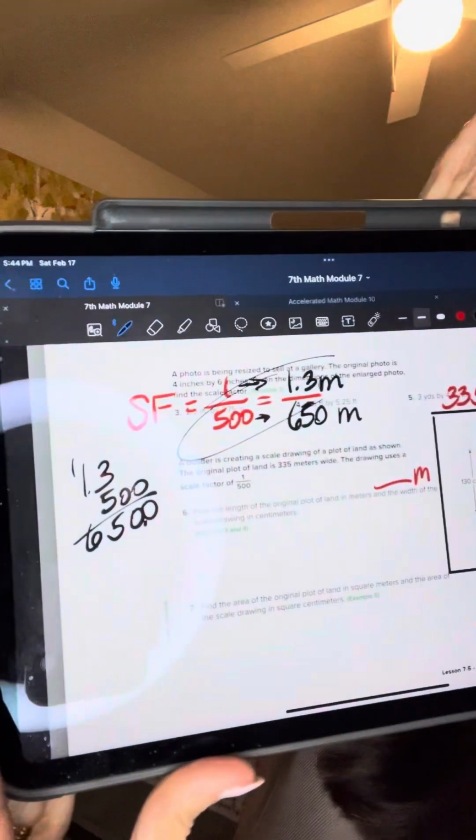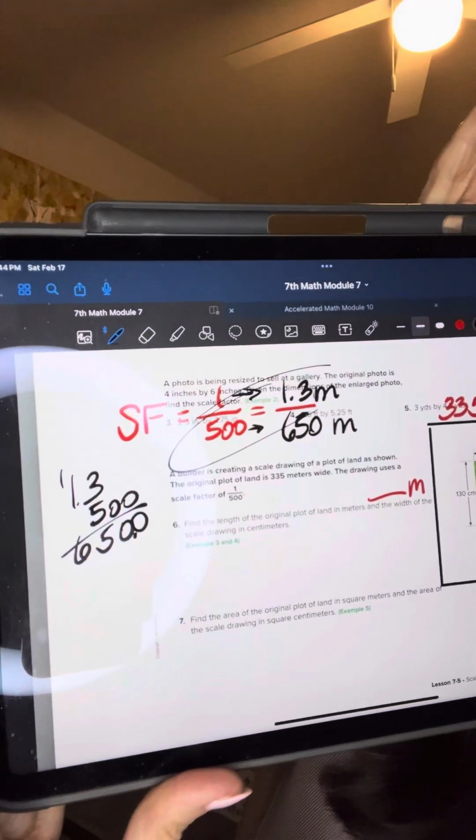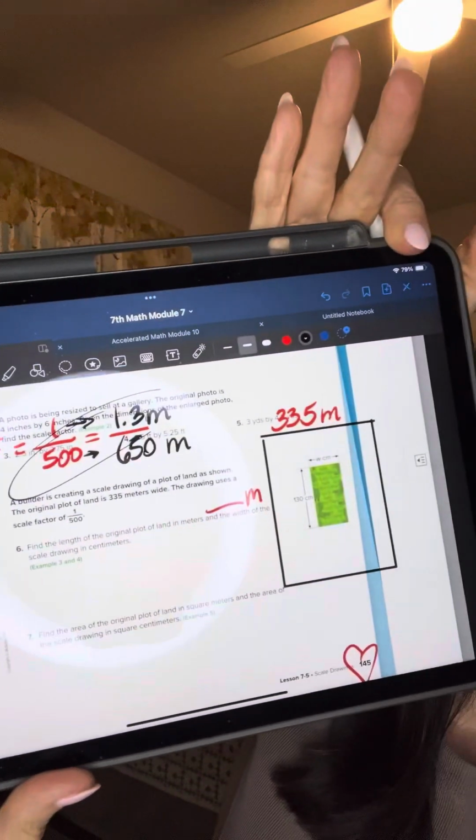So I now know that 650 meters would be the amount I now need to write for the length of my original plot of land. And y'all, I just fixed it to say meters because a moment ago I accidentally had centimeters. Okay, so 650 meters is now the correct length.